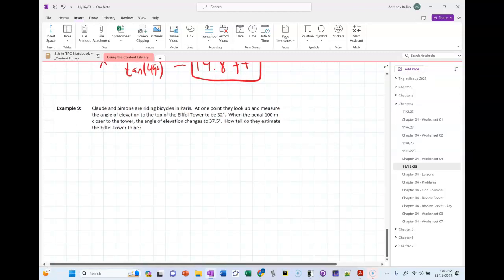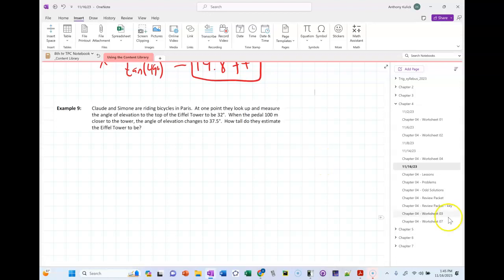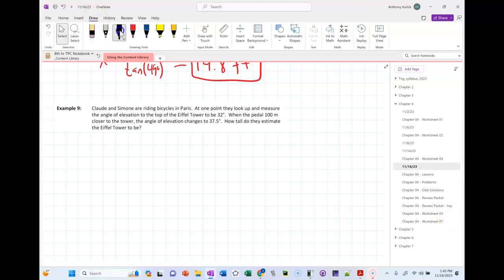At one point, they look up and measure the angle of elevation to the top of the Eiffel Tower to be 32 degrees. When they pedal 100 meters closer to the tower, meters, I guess you're in France, the angle of elevation changes to 37.5 degrees. How tall do they estimate the Eiffel Tower to be?